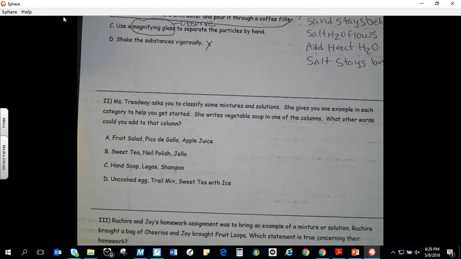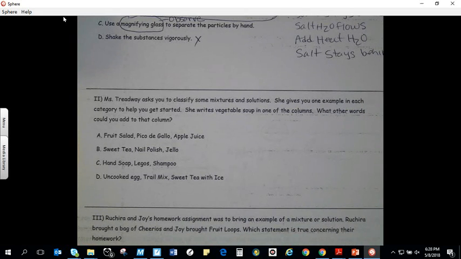Ms. Treadaway asks you to classify some mixtures and solutions. She gives you one example in each category to help you get started.